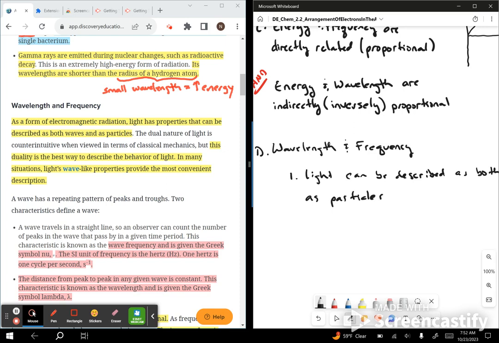Okay. As you can see here, this duality is the best way to describe the behavior of light, but in many situations, its wave-like properties provide the most convenient description.